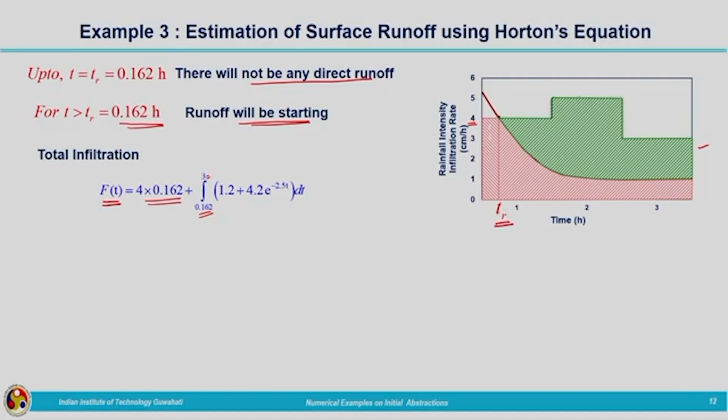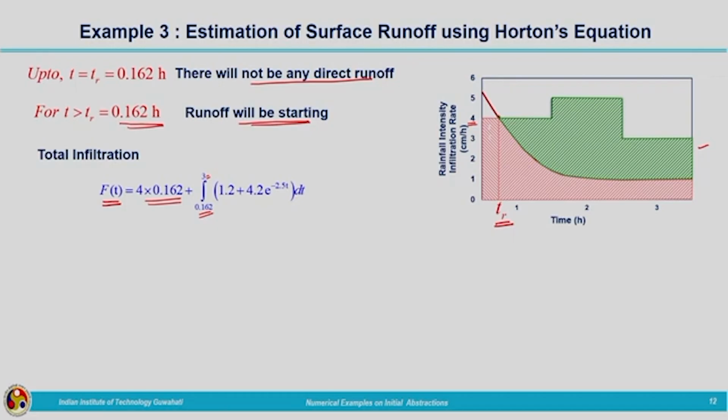After t equal to TR till the end of the rainfall, we can calculate the cumulative infiltration by integrating the infiltration rate equation, that is small f of t, between that time duration, which will give us the cumulative infiltration corresponding to time between tr to Tmax.